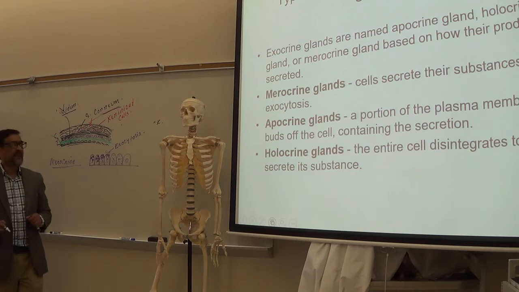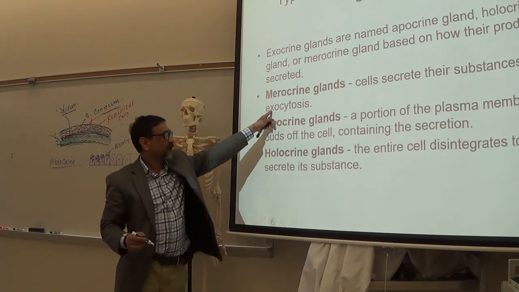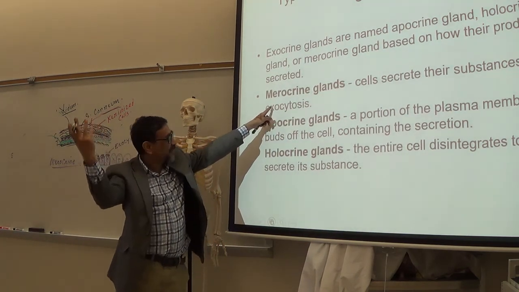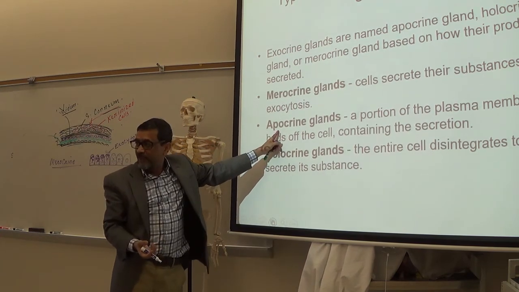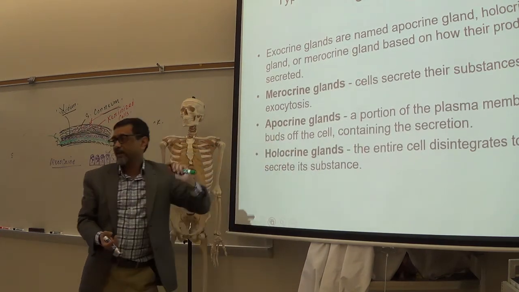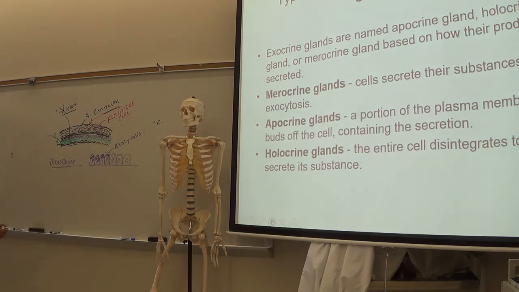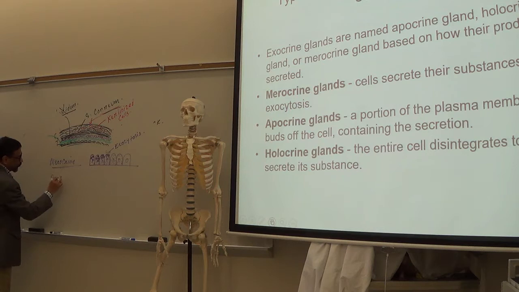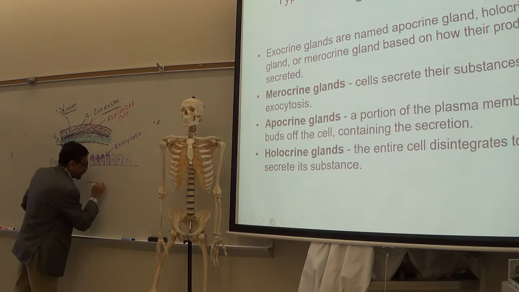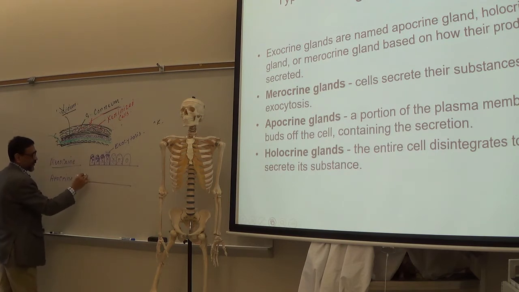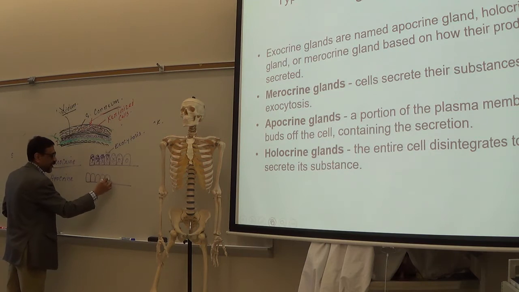This is by exocytosis, rupture of the vesicles. Another type of secretion is called apocrine secretion. What happens in apocrine? Again, this is an apocrine gland. These are the cells inside the gland.